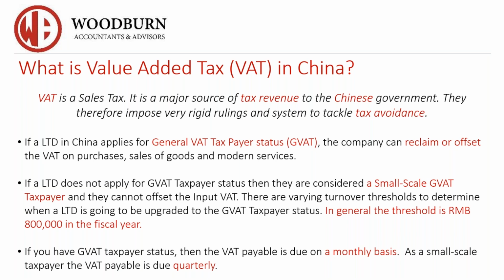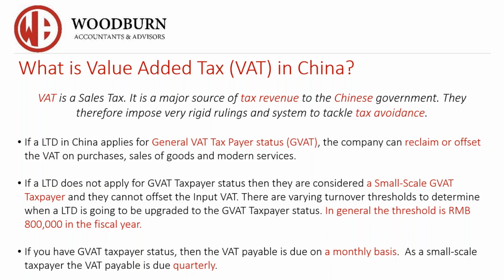A lot of service-oriented companies don't have a lot of purchases. The only real purchases you will have as a service-oriented company will be assets like furniture, printers, these types of accessories. Many of them remain as a small-scale VAT taxpayer because there is then a lower tax rate applicable.